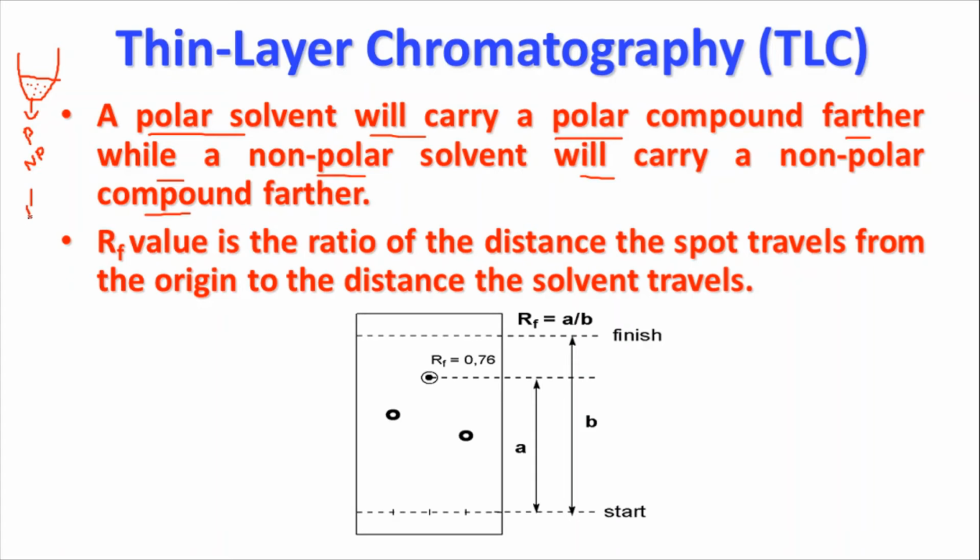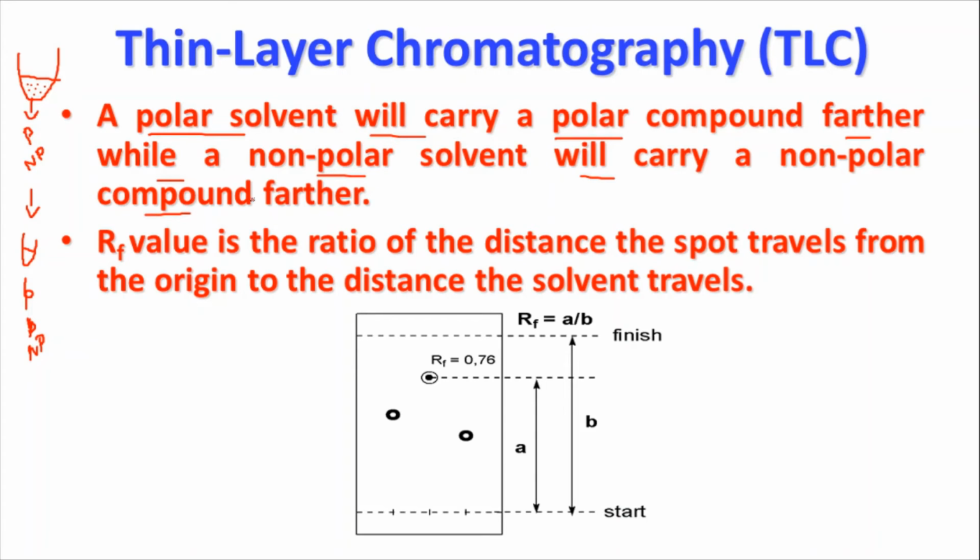We can prepare the mobile phase by blending a polar solvent with a non-polar solvent. If you mix the two types of solvents, you can separate even a sample containing both polar compounds and non-polar compounds, whatever is there in the sample.